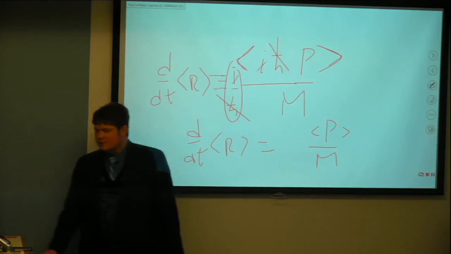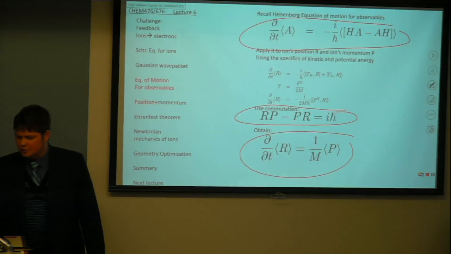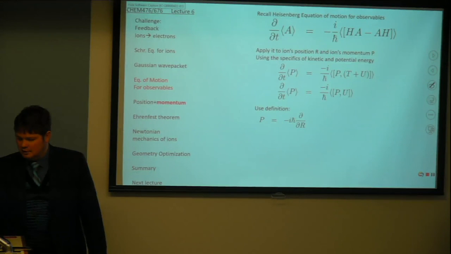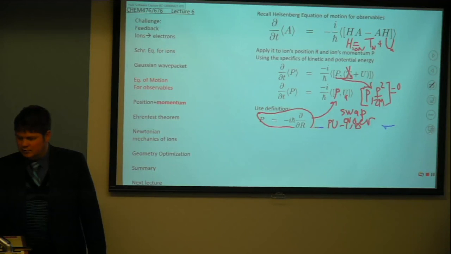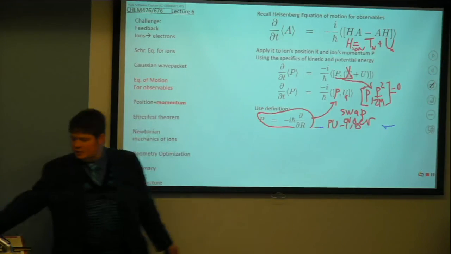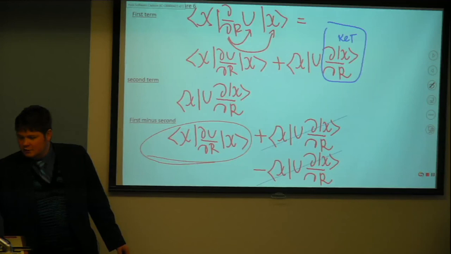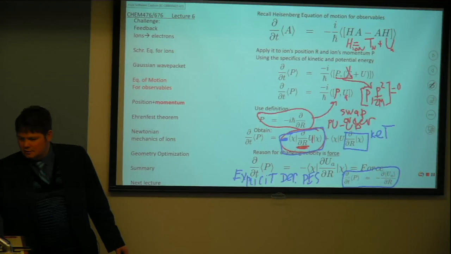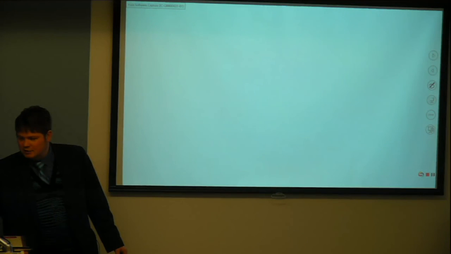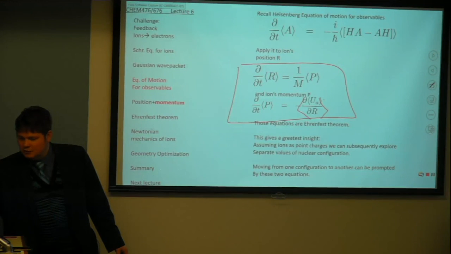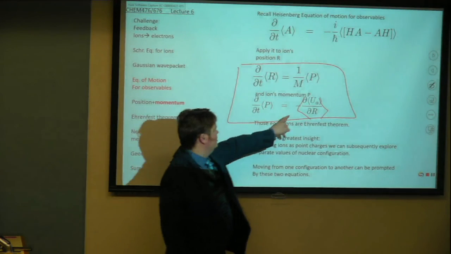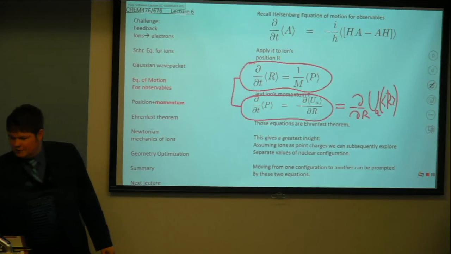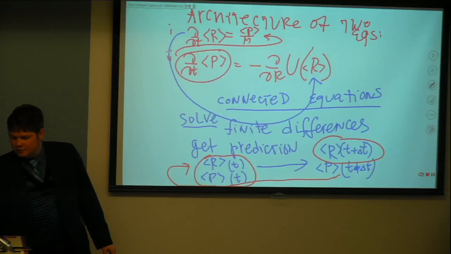And the same thing with a little bit more derivation is possible to be done for the momentum. So if you plug the definition of momentum into the Heisenberg equation of motion and carefully do all the steps that we practiced, then we will obtain the force, as a function of the expectation value of position.